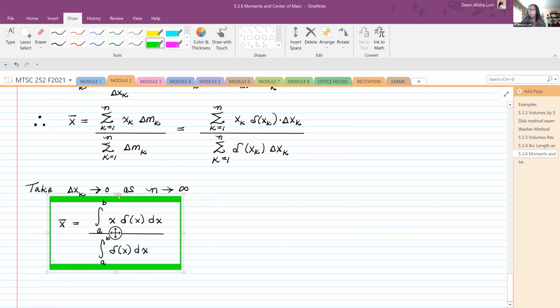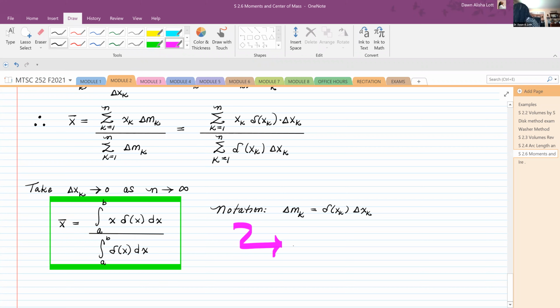Now, before I go on, I hope that you followed my derivation. If not, please go back over it. But we want to make the notation nicer. We're going to use dm, where before we had delta mk equal to the density at xk times delta xk.